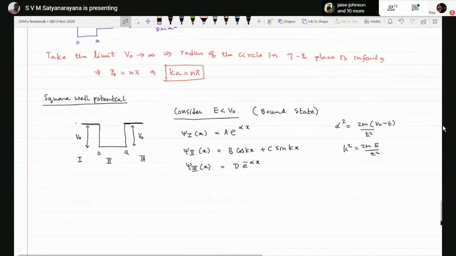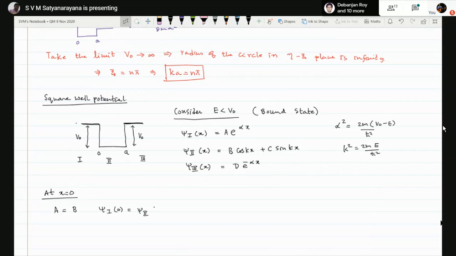So now you can see that at this boundary, at x equal to 0, we will have A is equal to B. And for the derivative, psi 1 of 0 is equal to psi 2 of 0.